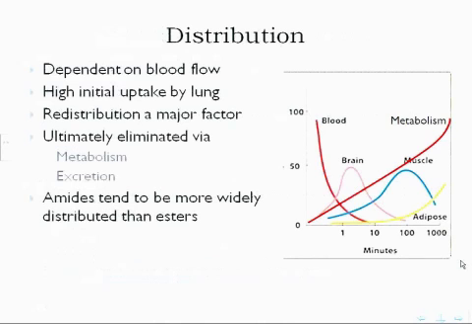Now, distribution is actually a pretty important factor in how local anesthetics work. When you inject them, you're normally trying not to inject them into the bloodstream. There are certain kinds of blocks where you will inject it directly into the bloodstream, and a typical example is a Bier block. But the safety of the Bier block is that you have to have a tourniquet that works properly.